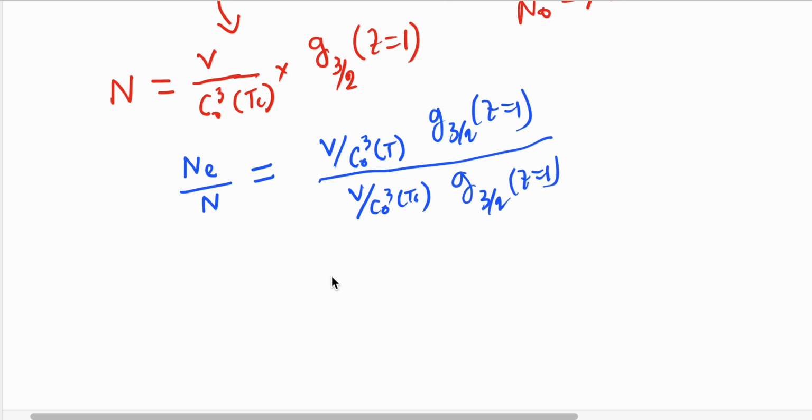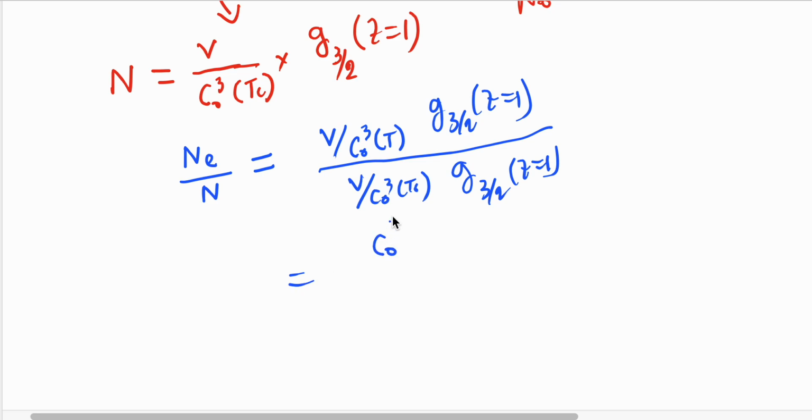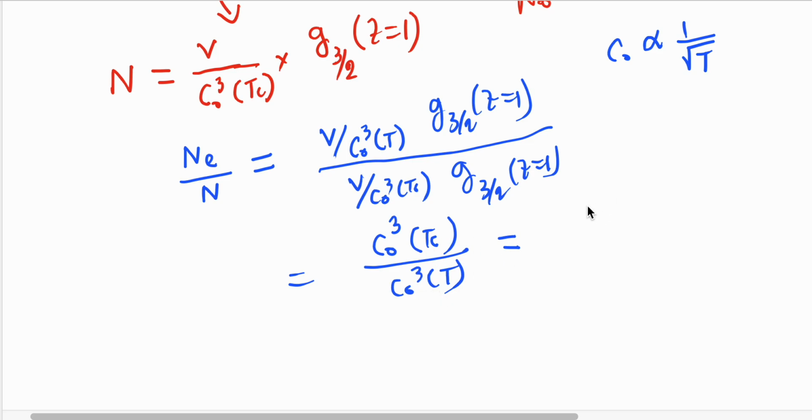So all the terms will be cancelled, only the remaining term will be C0 q Tc by C0 q T. Since we know that C0 is proportional to 1 by root T, it will become T by Tc to the power 3 by 2.